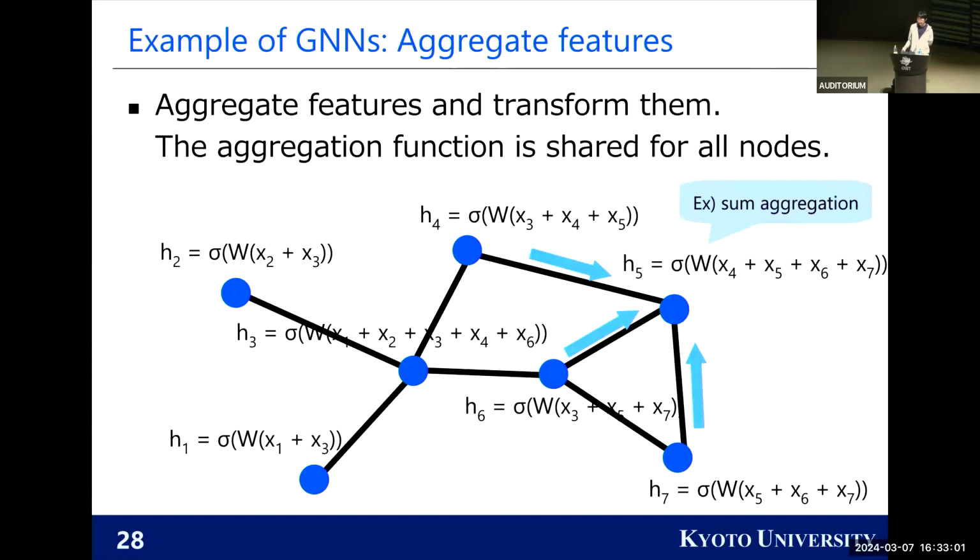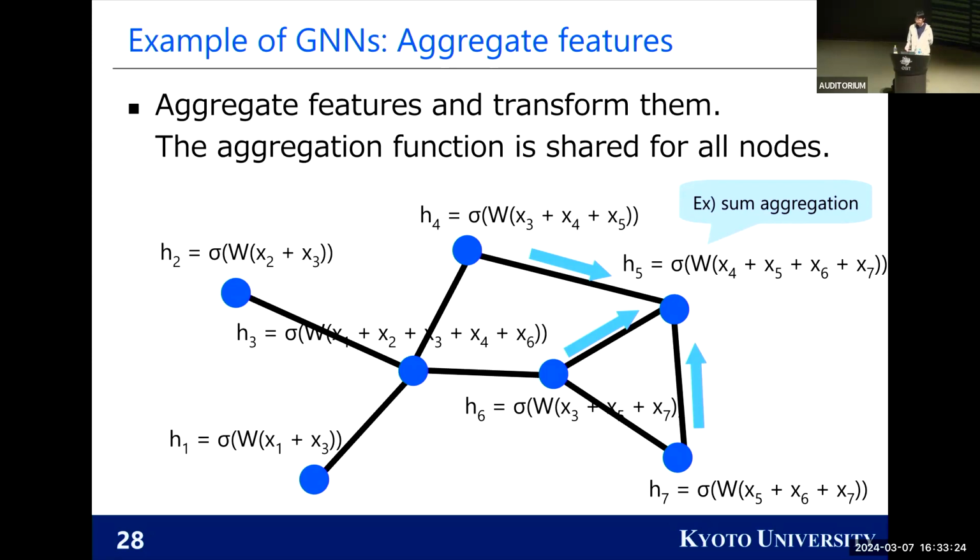In the message passing phase, the GNN aggregates the features or hidden states from the neighboring nodes. For example, let's focus on node 5 on the right. It gathers information from the surrounding nodes 4, 6, and 7.